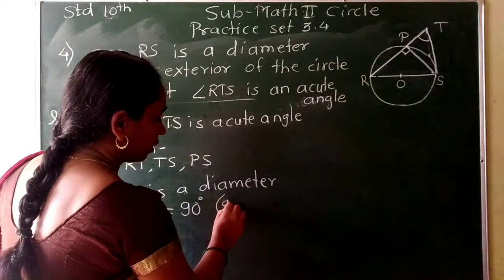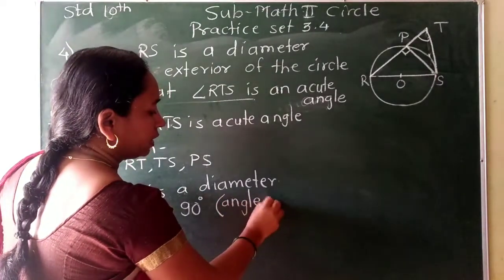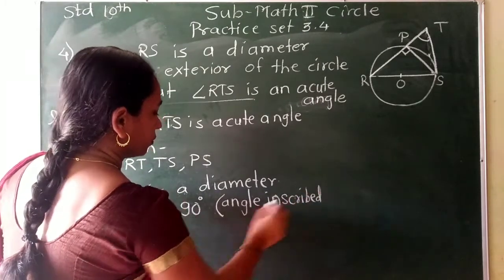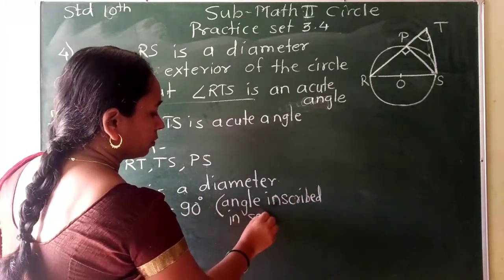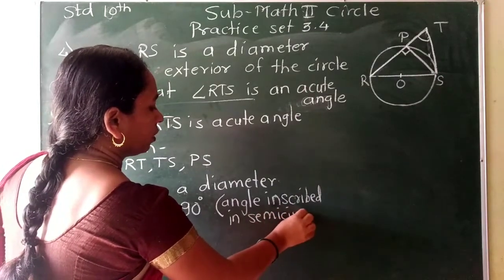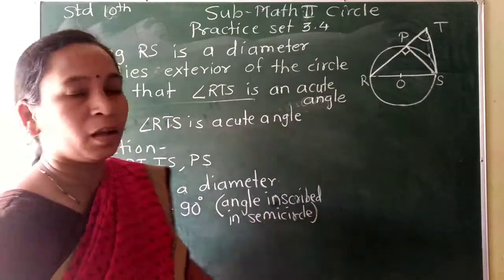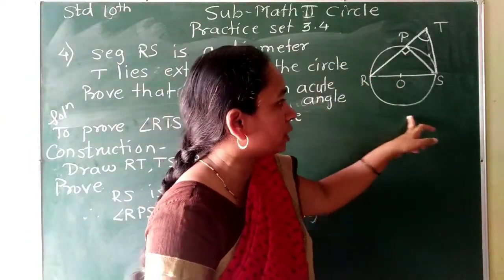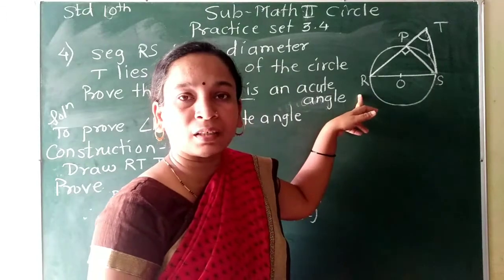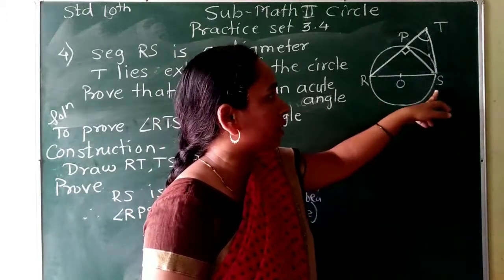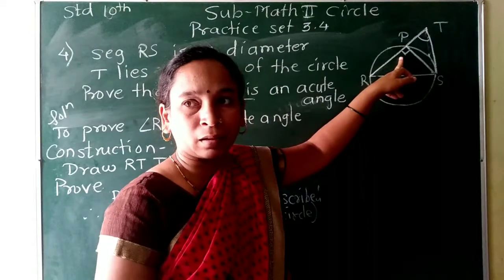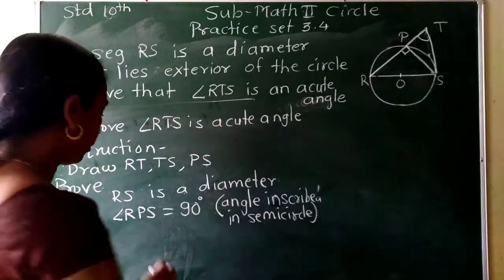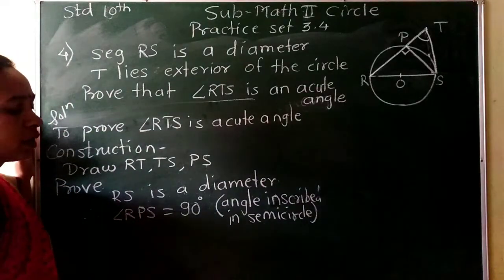Because this is the angle inscribed in a semicircle. By the inscribed angle theorem, the measure of this semicircular arc is 180 degrees, and this angle would be half of that. That means it is 90 degrees. So, angle inscribed in a semicircle. Now I got that RPS is 90 degrees.